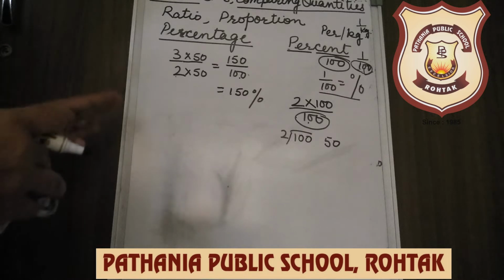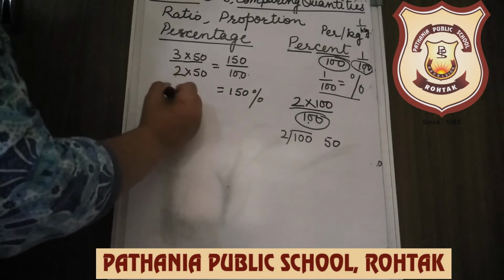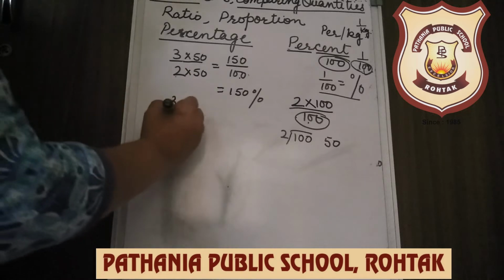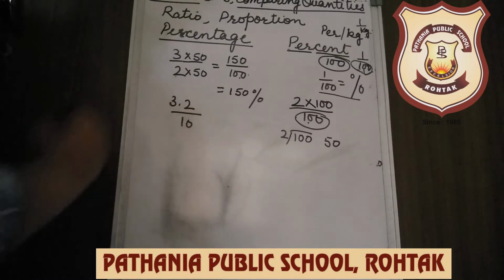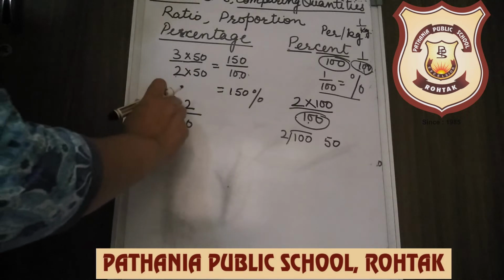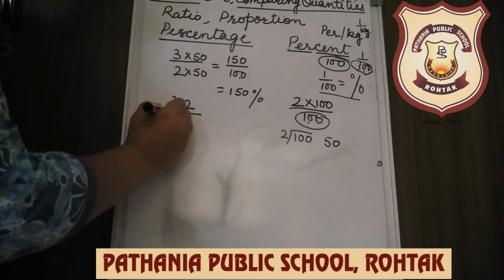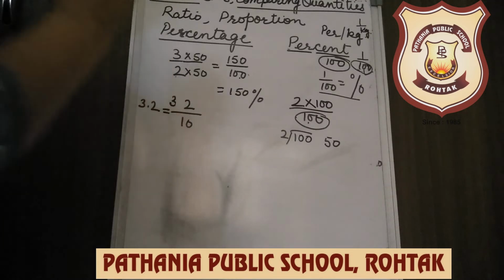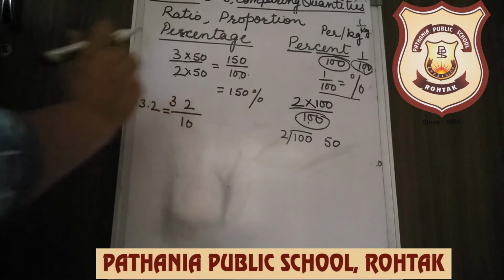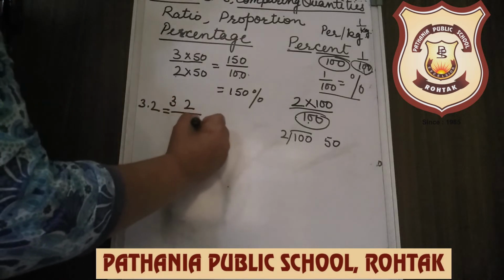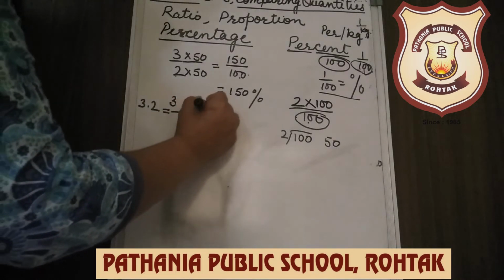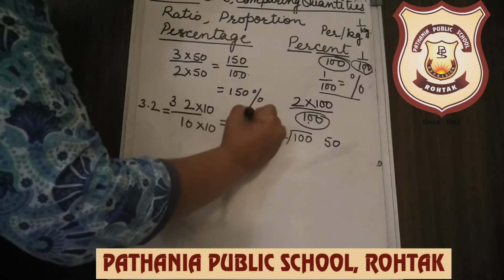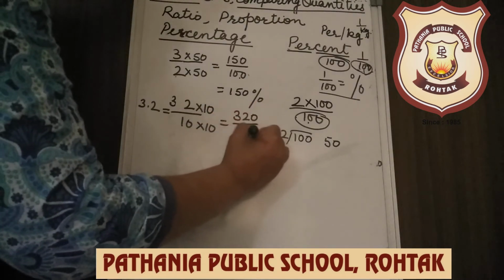So in this manner, even if I give you a decimal number, first convert it into fraction. I'll write, you might get confused while seeing. 3.2 is 32 upon 10. Now I need 10 more here, so this will become 320 upon 100.